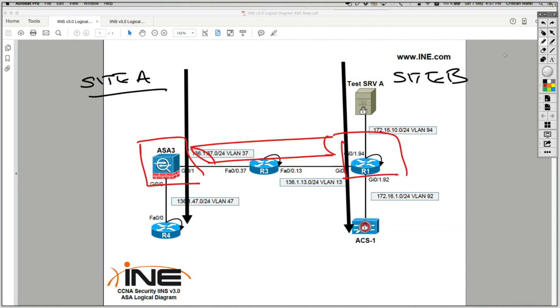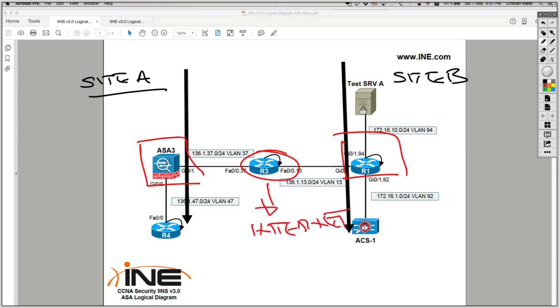And remote access is going to be like, for example, those are our sites in there, and let's assume that this transport network will be the internet. And you have one user who is on the internet, and he also wants to securely send traffic to either site A or site B, which means that user is going to build up another IPsec VPN tunnel with either this VPN gateway or the other VPN gateway.